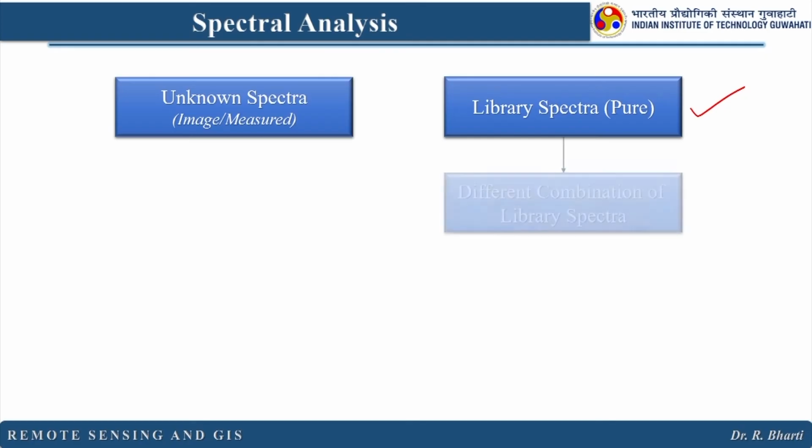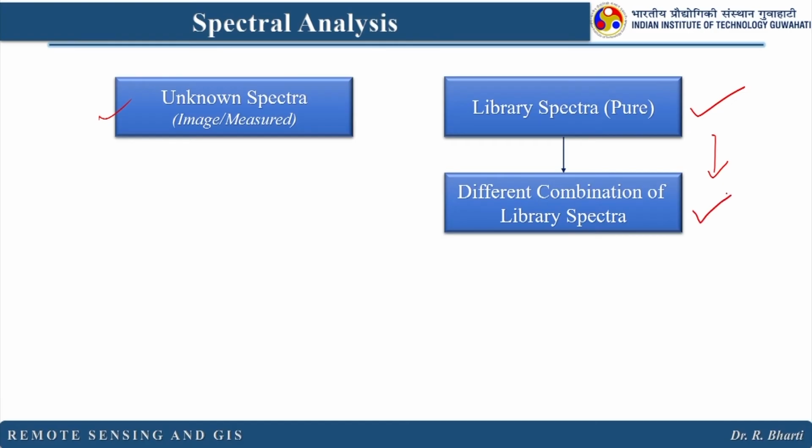Now when we want to deconvolve, or identify the composition of unknown spectra, we will mix this library spectra in different proportions. So here we will generate the spectra of different combinations of library spectra.